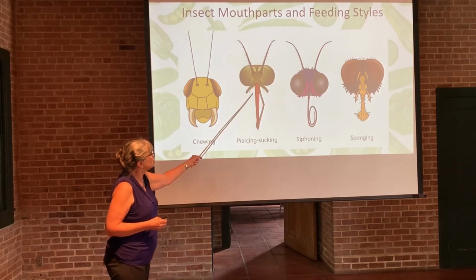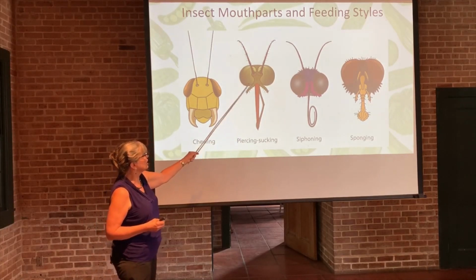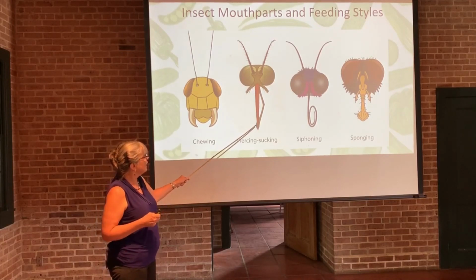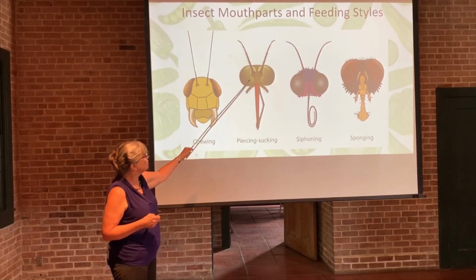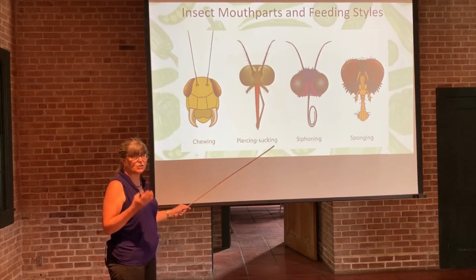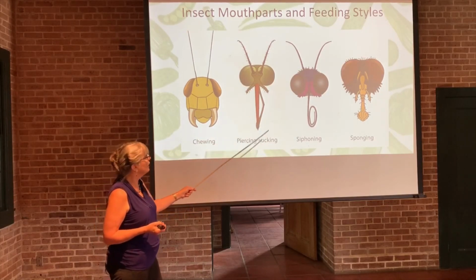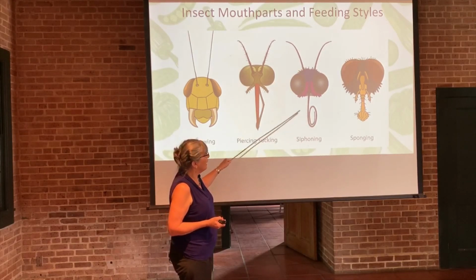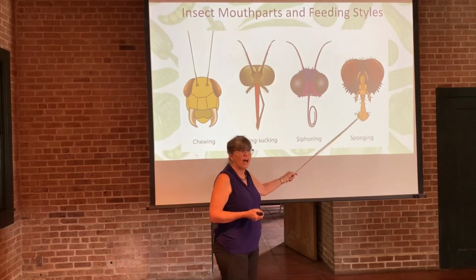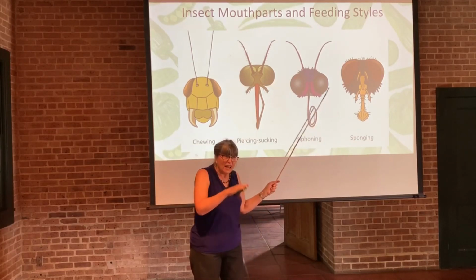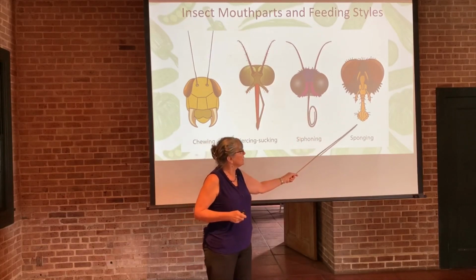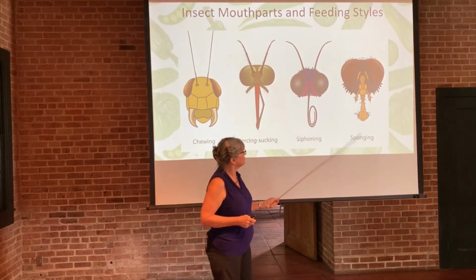Piercing or sucking, they would actually inject, like this looks a little bit like a mosquito, where it would inject into your bloodstream, or if it was a plant, it would inject into the nice tissue, the phloem and the xylem, where the goodies are. Siphoning, this would be like a butterfly uncurling this into a flower for nectar. And then this would be sponging, like a fly. They actually land and then they kind of sponge around on whatever their substrate is to get the goodies into their mouth.